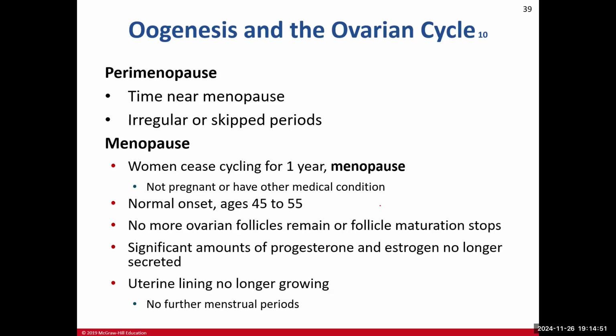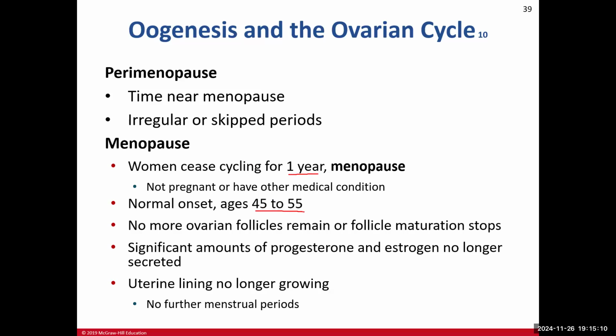All right, so perimenopause, we're getting close to menopause, but we're not quite there yet. Menopause has to be 1 year, and we'll usually see it in the mid years of an individual's life, the 40s and 50s, sometimes later, sometimes a little bit earlier.